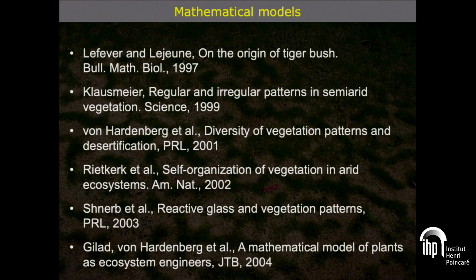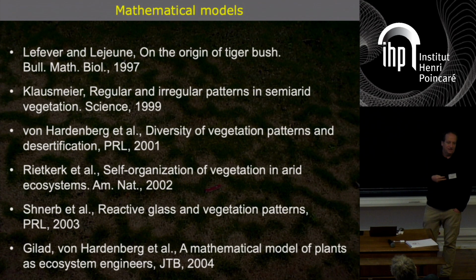So this led to a series of modeling work. Many of these models differ mainly in the amount of dynamical variables they include, or the level of detail of mechanisms they are trying to include. Basically, you need at least two dynamical variables.